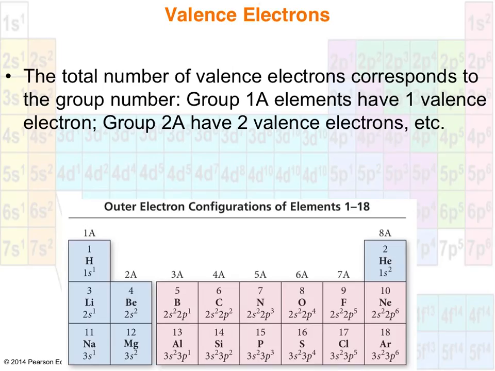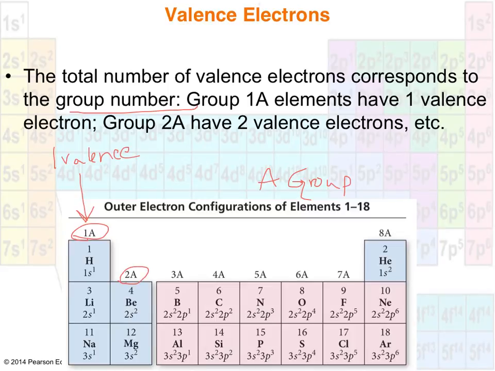All right, so the number of valence electrons in an element matches up with the group number. So all of the elements in group 1A have 1 valence electron. This isn't true for the transition metals, only for the A group elements, everything but the transition metals.